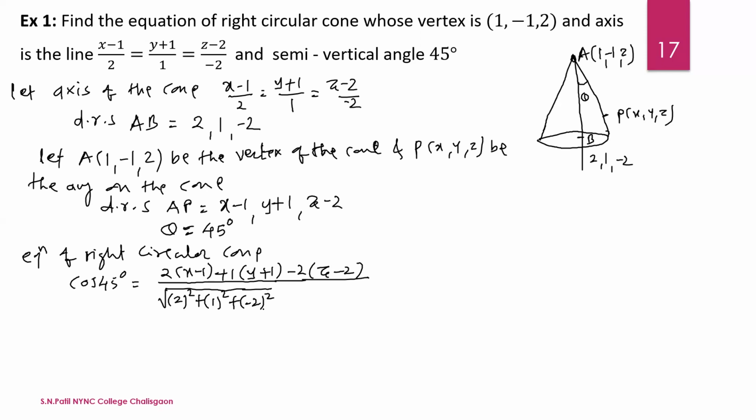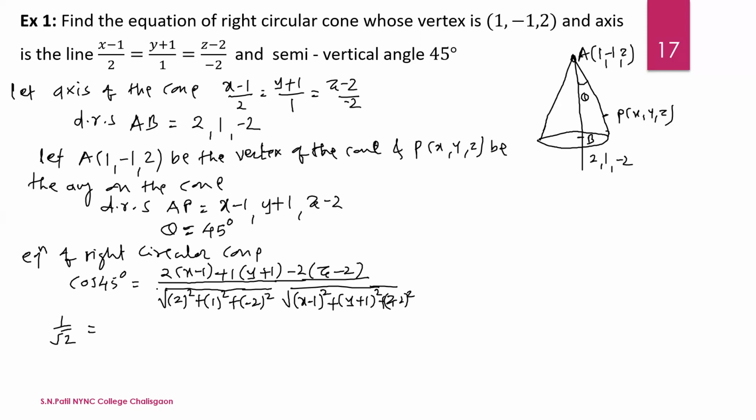Keep the minus sign in brackets, be careful here. And the magnitude of the generator, square root of (x - 1) square plus (y + 1) square plus (z - 2) square. And we know cos 45 is 1 upon root 2.